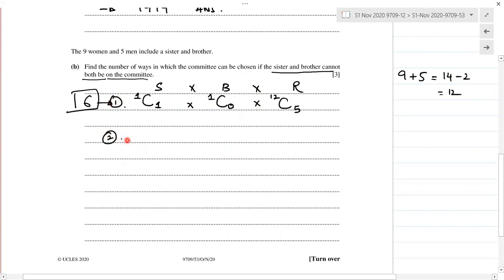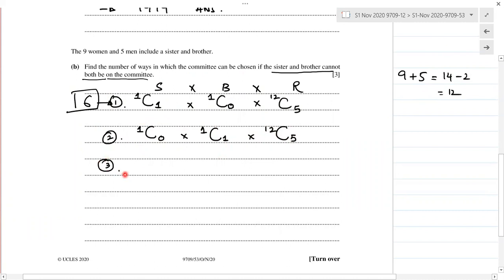Now for the second option, I do not select the sister. So sister is 1C0. If I am not selecting the sister, then I will select the brother, which is 1C1, times the same 12C5 for the remaining people.